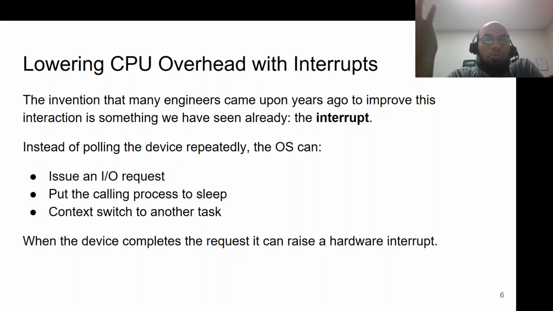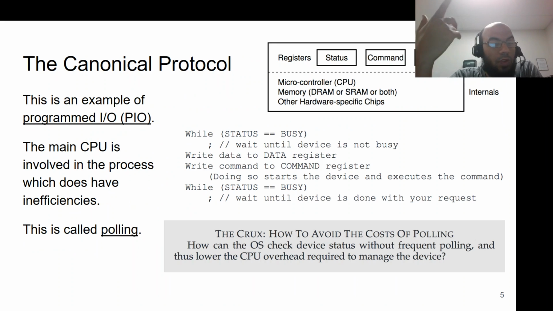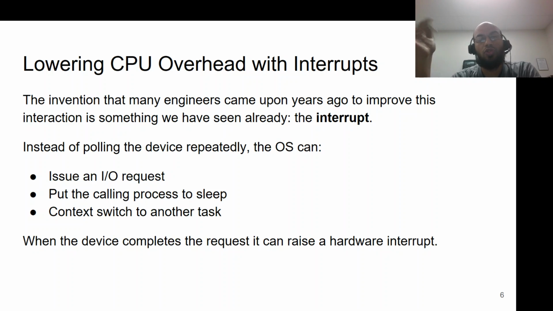Basically, an interrupt is something that tells the CPU, now I'm done with this. Instead of the CPU busy waiting, doing nothing, the CPU can go do something else. And when it gets the interrupt, it knows that the write process is over, or that the device is ready, or whatever.